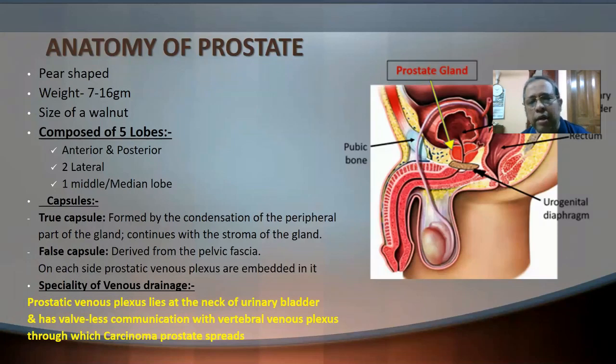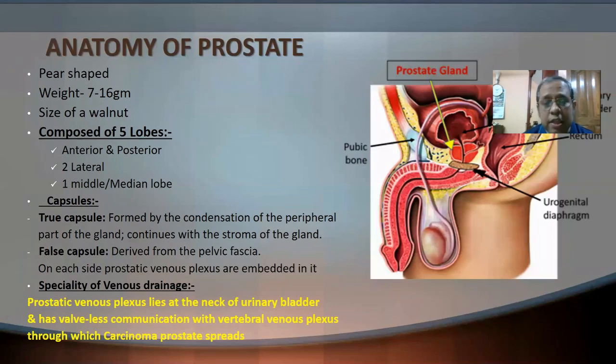This is a very important point for all students to memorize, because they repeatedly ask in the exam how cancer of the prostate spreads to the vertebral body or the pelvic bones. It is only that valveless communication that causes spread of malignant cells from the prostate to the vertebral venous plexus, and from there they enter the bones with the emissary veins.